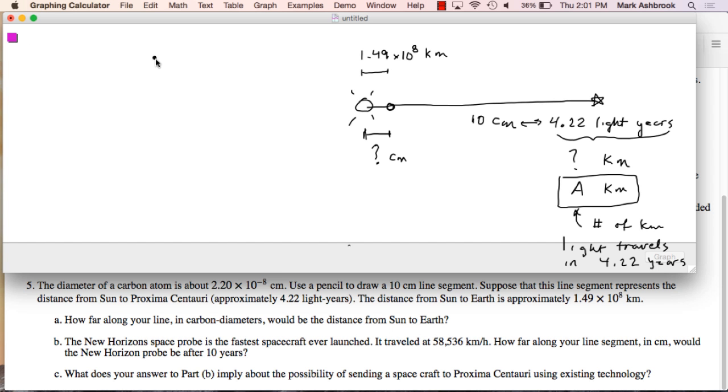Well, that would be A divided by 1.49 times 10 to the 8th. And what would that give me? That'd give me the number of sun to Earth lengths that make up the sun to the nearest star length, right?